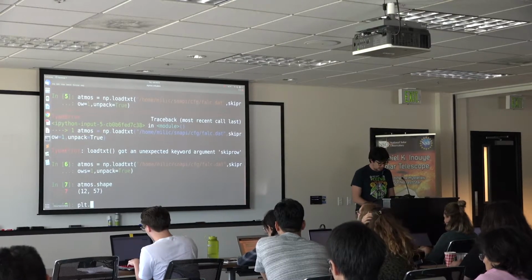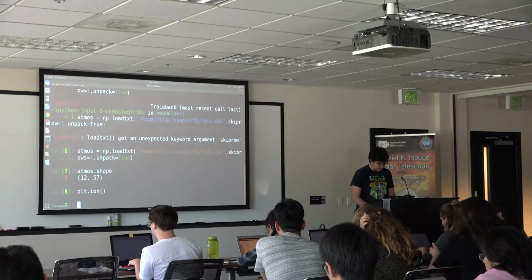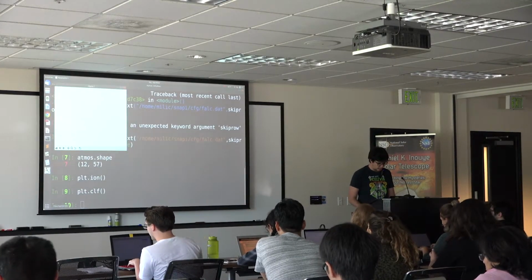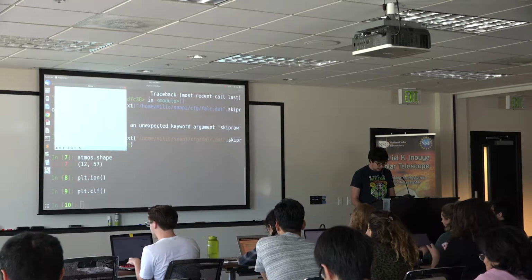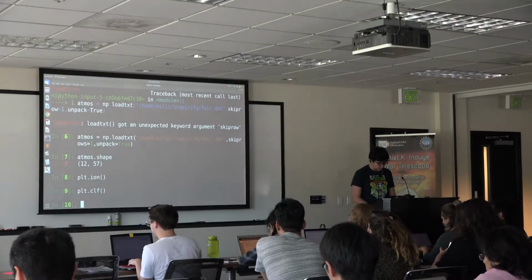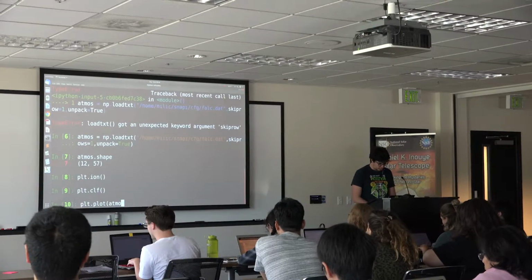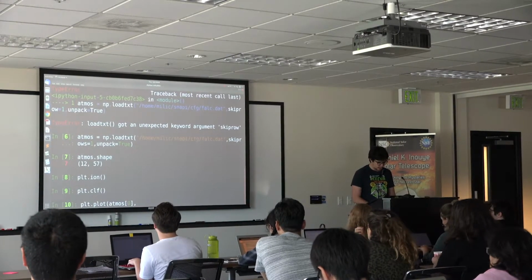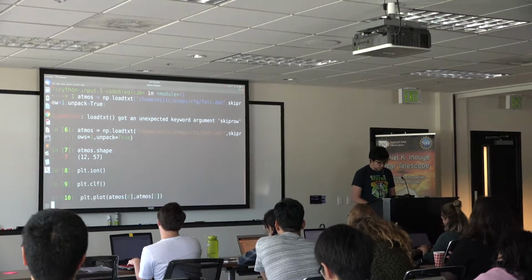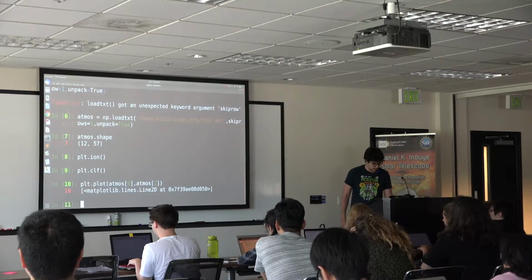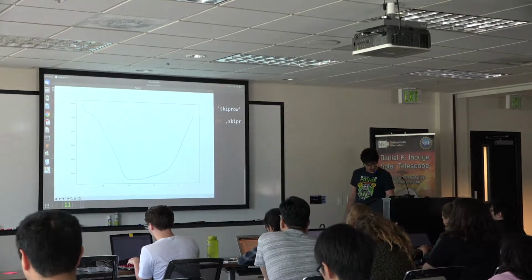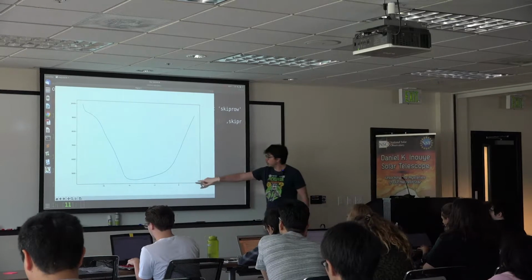To convince you that this is really true, I'm going to open another window with some plots. I'm going to plot atmos 0 as x coordinate and atmos 2 as y coordinate, and it looks like this. This is the photosphere here.